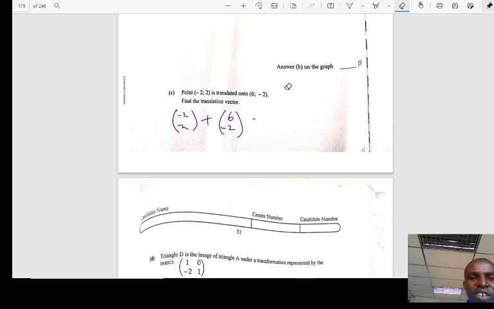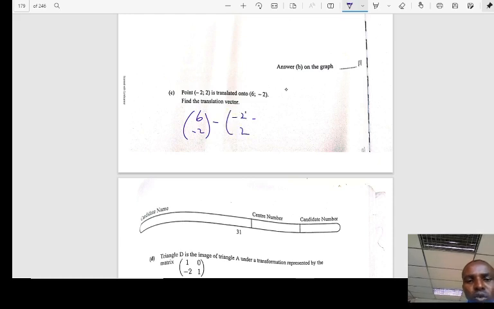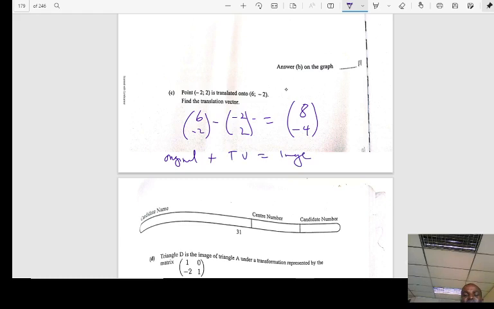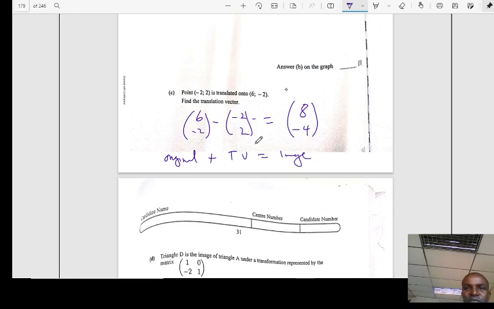So if you don't have the vector, you say image point minus original point is equal to the vector. So image point 6, minus 2 minus minus 2, 2 is equal to the vector of translation, which is 8, minus 4, right? Because original point plus translation vector is equal to image point. So you can just use that formula, substitute whatever is relevant there.